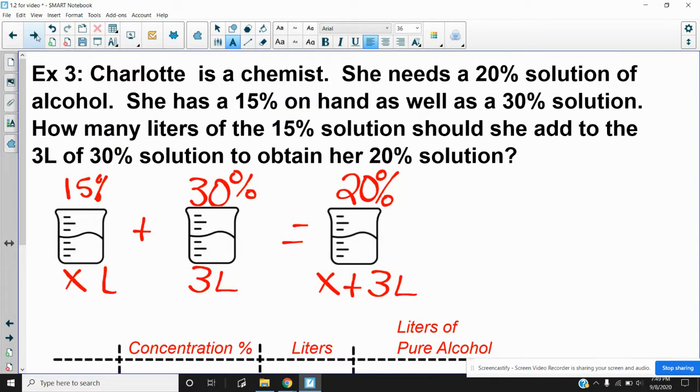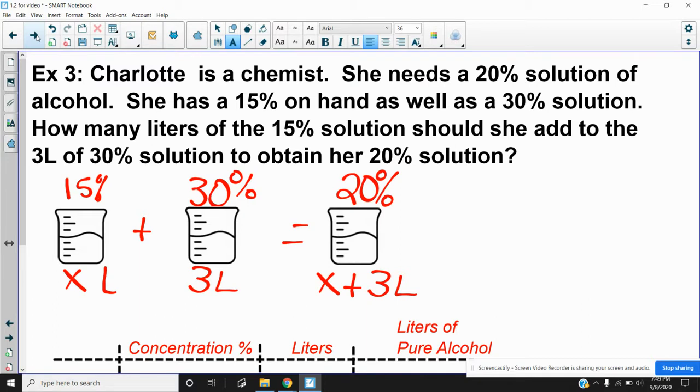So in this example, we have this woman who's a chemist, and she needs a 20% solution of alcohol. So in my chocolate milk example, we're talking about having 20% chocolate and 80% milk. Well, she needs 20% alcohol and 80% something else. Now what she has is 15%.